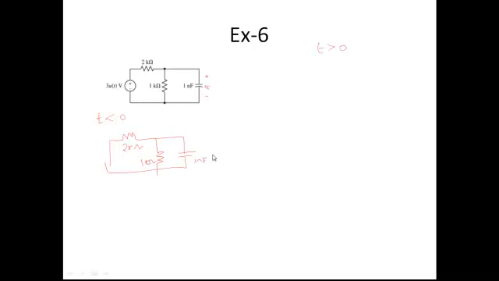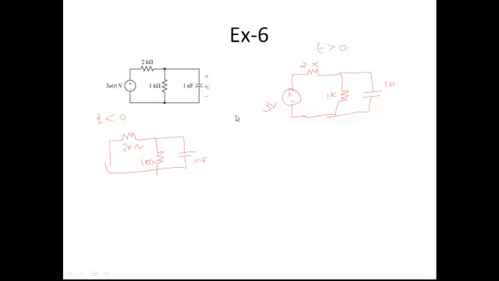For t greater than 0, the unit step function will be 1. Multiplied by 3, your voltage will appear. So 3 volts, 2 kilo ohm, 1 kilo ohm, and 1 nanofarad.